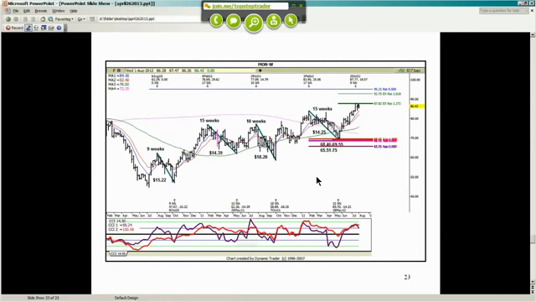Now, it took a while before it started looking good on a daily chart, but sometimes the short-term work can only tell you so much, you do want to back it up and look at the bigger picture. Because even though the daily chart was bearish as we moved into this support, the bigger picture on the weekly chart told you that it was worth watching for a termination of that decline and a renewed buy signal in Monsanto.